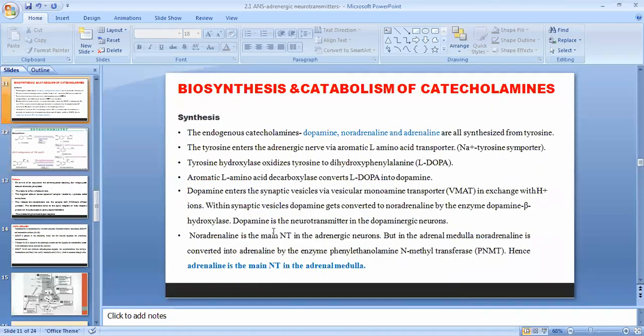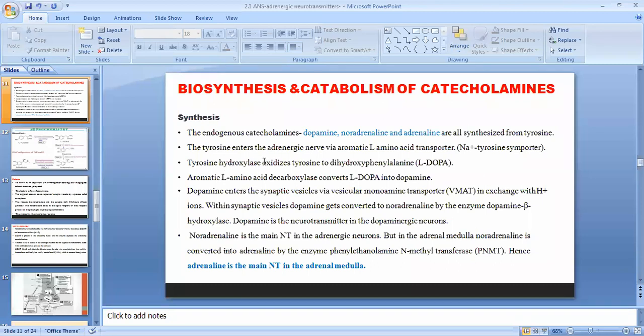So what is the mechanism? The endogenous catecholamines, that is dopamine, noradrenaline, and adrenaline, meaning dopamine, norepinephrine, and epinephrine, are synthesized from tyrosine. Tyrosine enters the adrenergic nerve via a sodium-dependent tyrosine transporter.